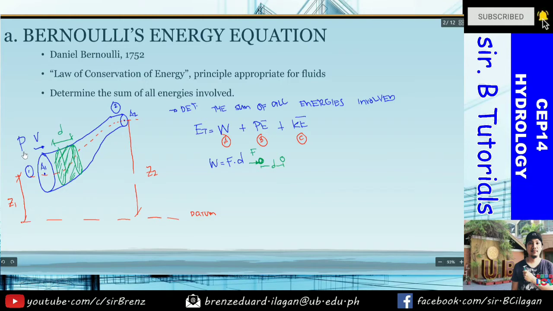And we all know that pressure is a unit of force over area. Okay? So, if you're going to solve for F, di ba ang F is just equals to P multiplied by A. Therefore, this equation will become P times area multiplied by the distance.